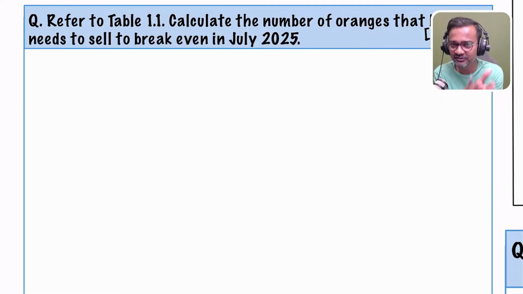It's just business concepts being represented in ratios and formulas. That's it. So we know that break even tells you the point at which there is no profit, no loss, and we know there's a sequence of calculations for it. You don't have to rework the calculations. You don't have to create new formulas out of it. It's just finding the right number to place in the right formula. That's all this is. Okay.